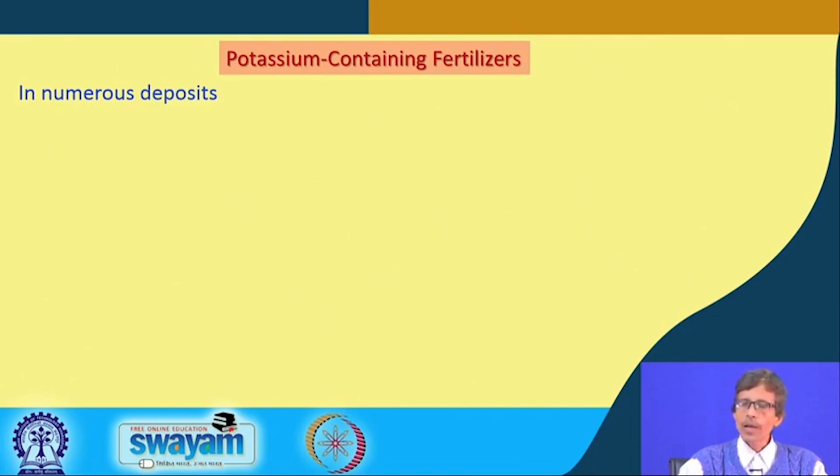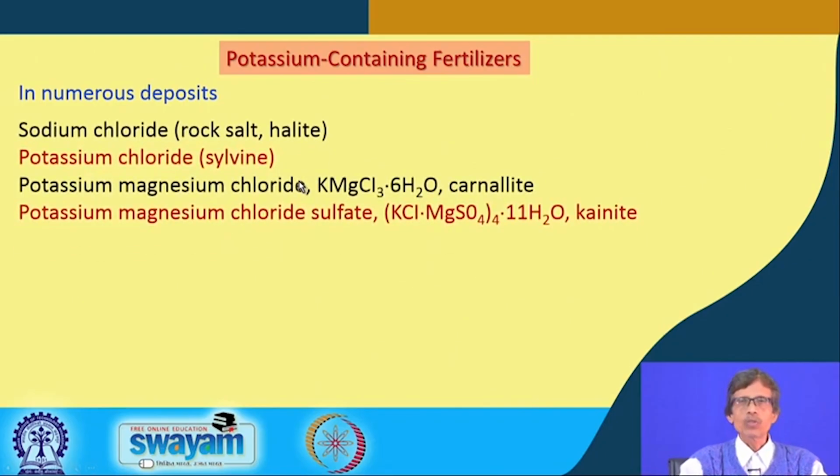So, we must know from where we cheaply get the potassium, like your sodium. We can have numerous deposits like sodium chloride. From the sodium chloride stock, that means the brine water or the rock salt deposits, we get sodium and its isolation as different compounds.